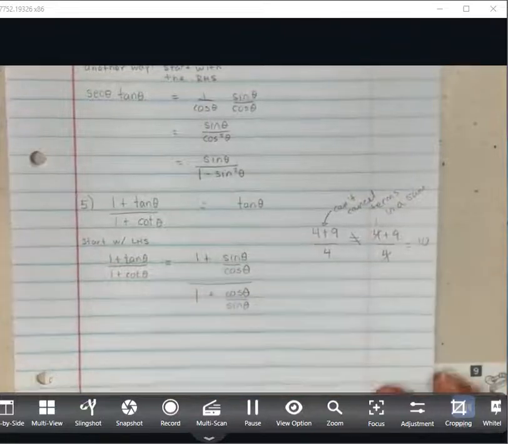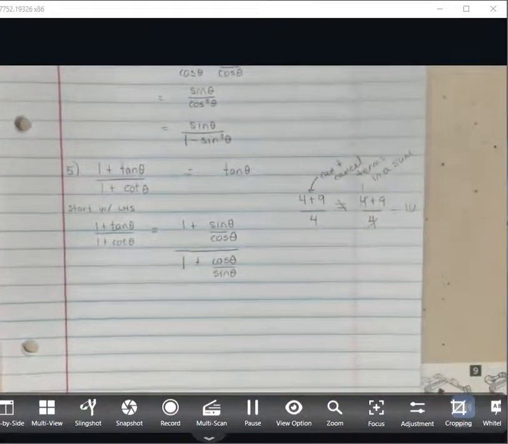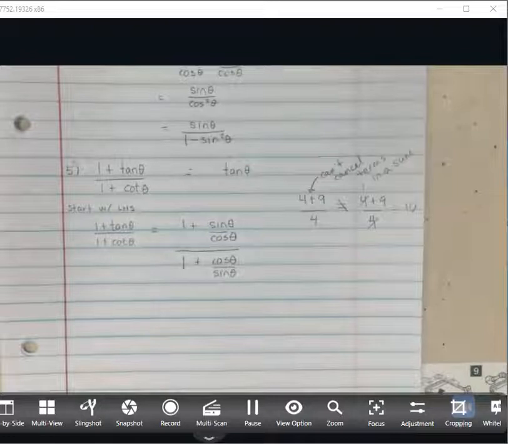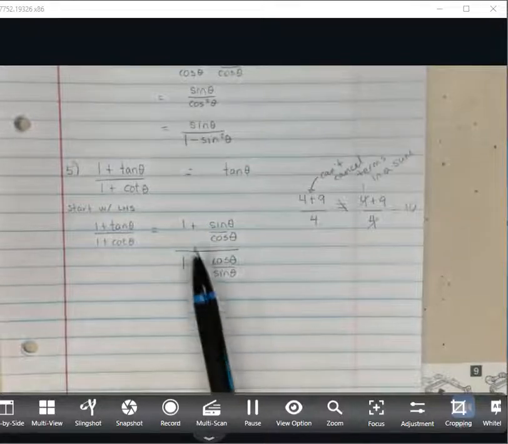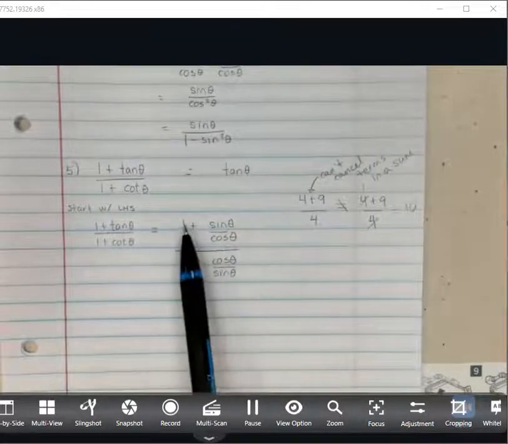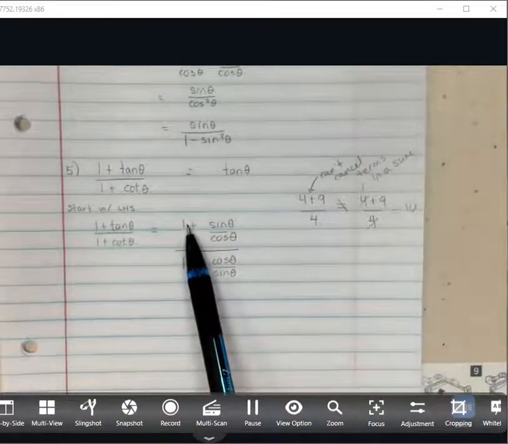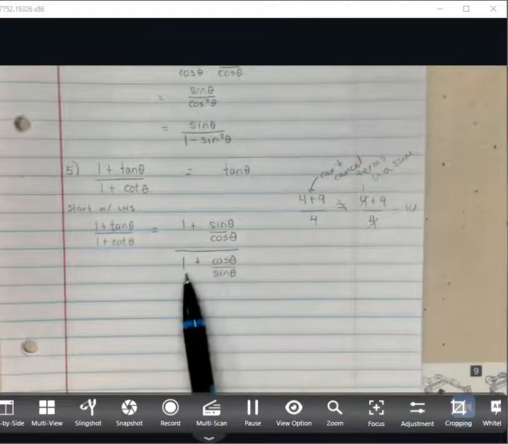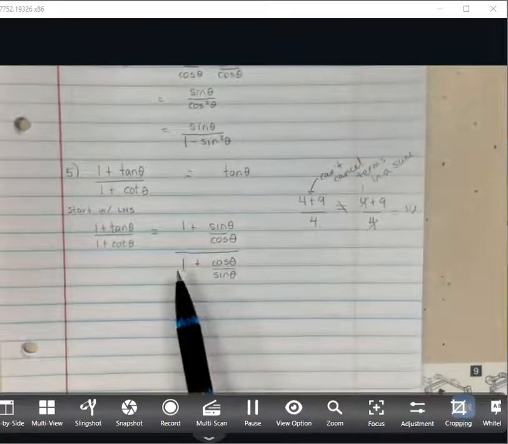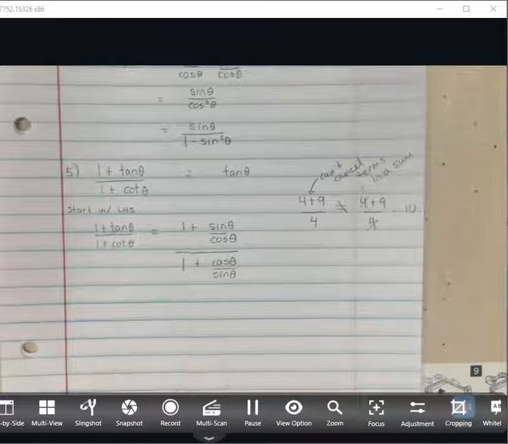But I still have sums. I have a sum on top and a sum on the bottom. If I want to combine those, I've got to get a common denominator. So in order to add this one to that fraction, I've got to think of this one as being cosine theta over cosine theta. In order to add these two together, I'm going to think of this one as being the sine theta over the sine of theta.